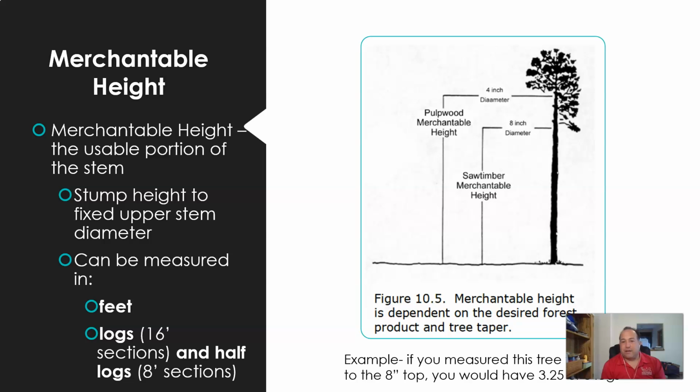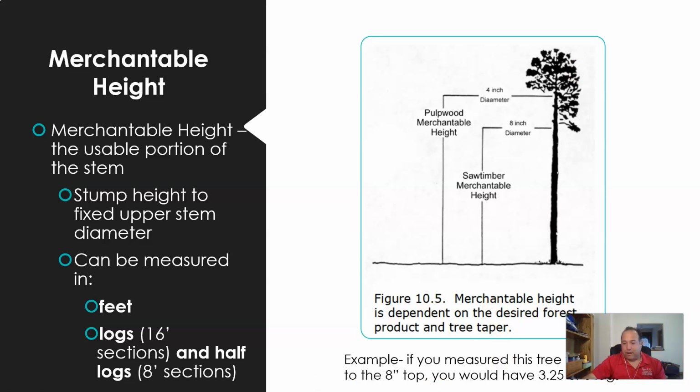Merchantable height can be measured in feet, just like we've done with the total height, but it can also be measured in logs. So a log is equal to 16 feet, and so you can measure it in logs or half logs.